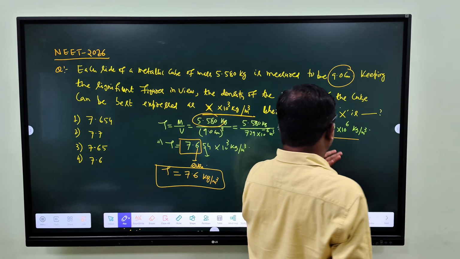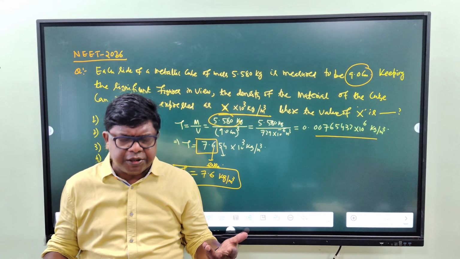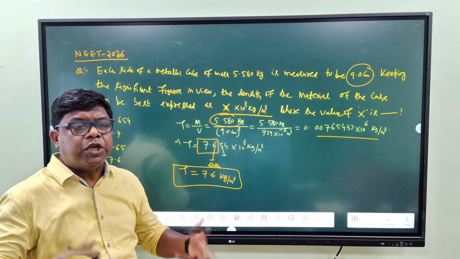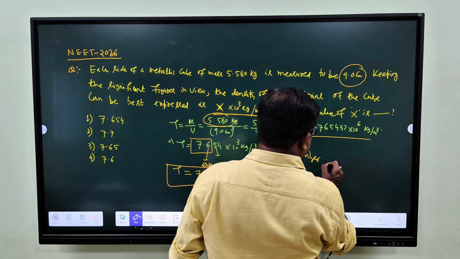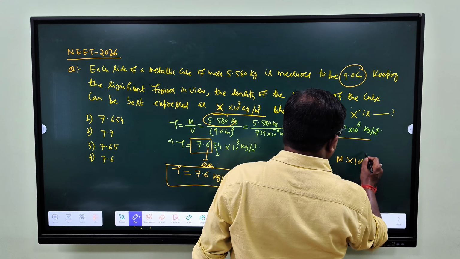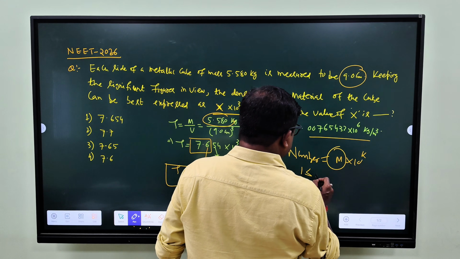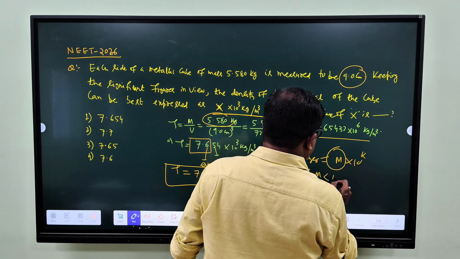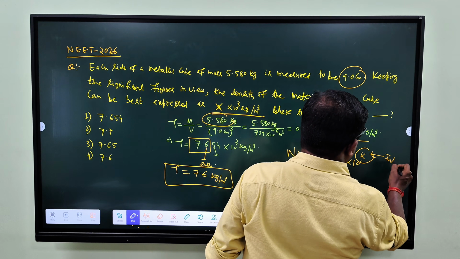So this can be best expressed in terms of m into 10 to the power k. While expressing the significant figures, the number must be expressed in terms of m into 10 to the power k form, where m is greater than or equal to 1 and less than 10, and k is an integer.